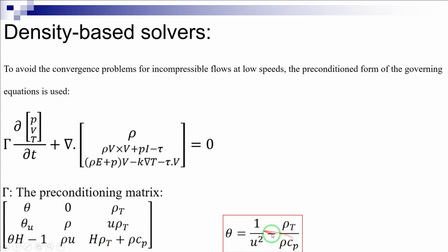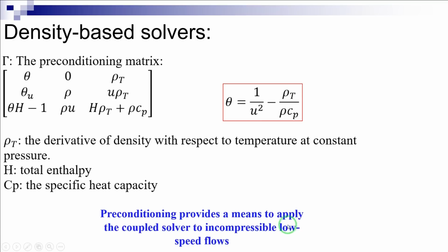Rho_T is the derivative of density with respect to temperature at constant pressure. H is the total enthalpy. Cp is the specific heat capacity. Therefore, the preconditioning provides a means to apply the coupled solver to incompressible low speed flows as well.